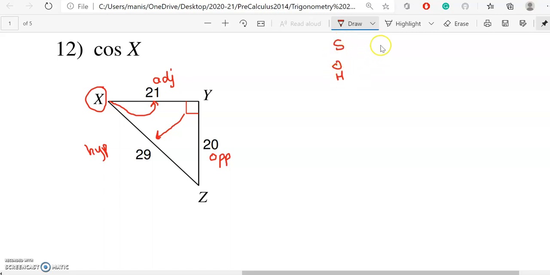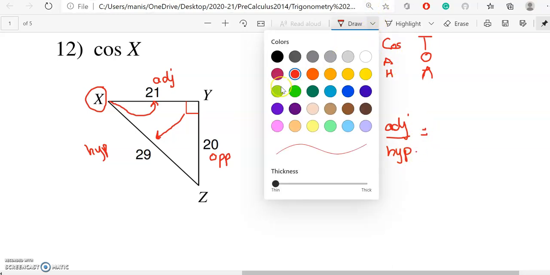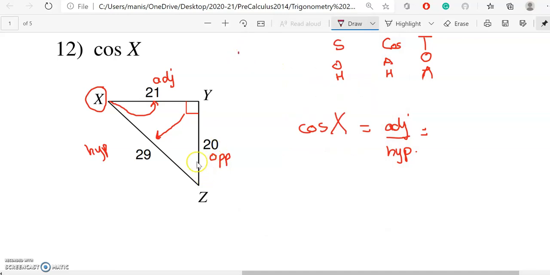Again our mnemonic is SOH CAH TOA. C means what? Cos. So my formula is cosine of x is equal to adjacent over hypotenuse. I got this from here. So now let's look at the values: adjacent side is 21, hypotenuse is 29.